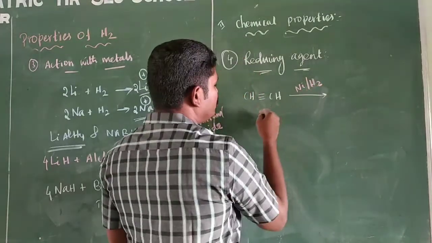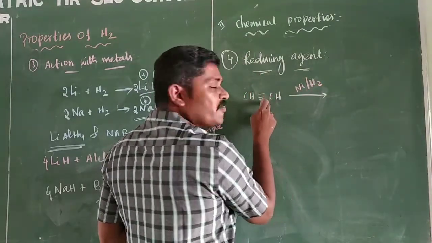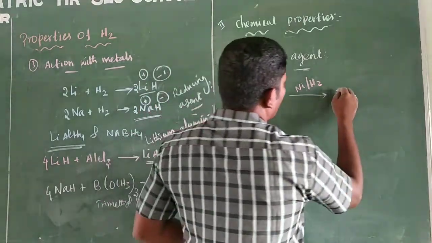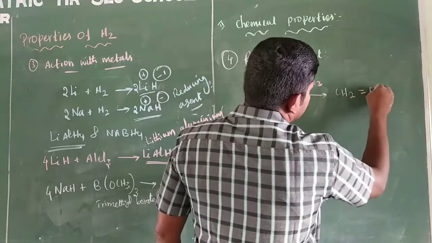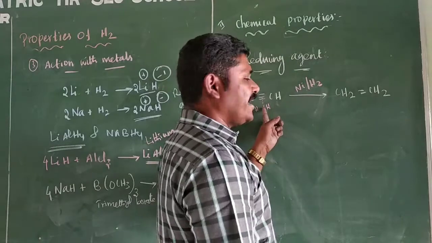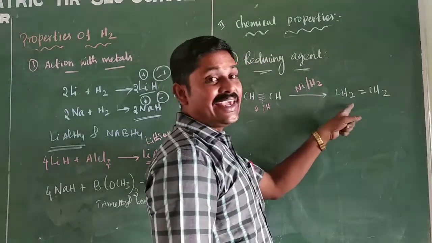Hydrogen acts as a reducing agent and breaks the weak pi bond, converting it into CH2 double bond CH2, ethylene, an alkene.